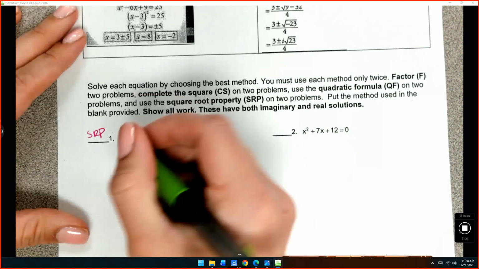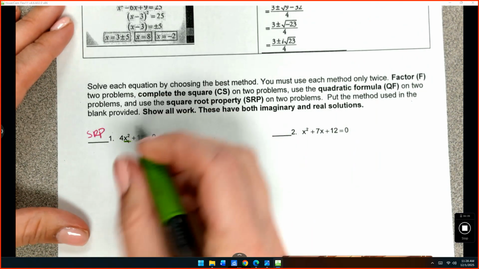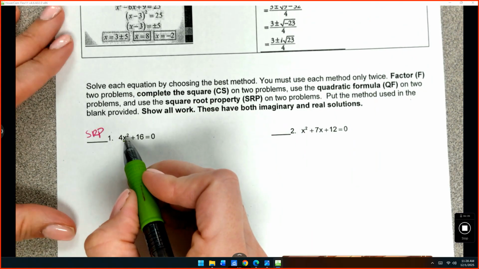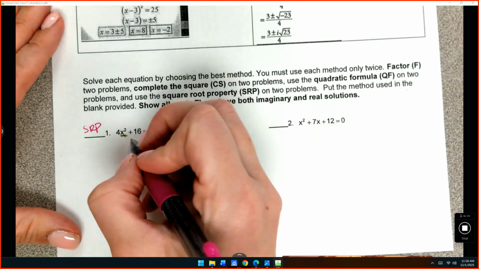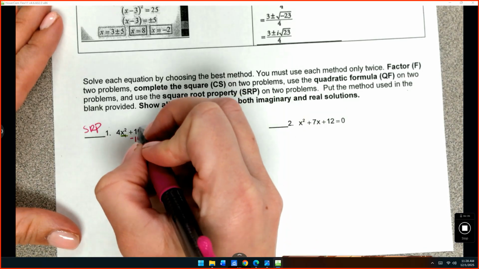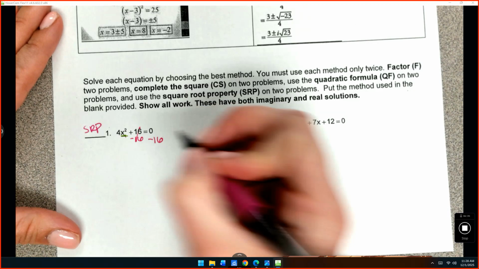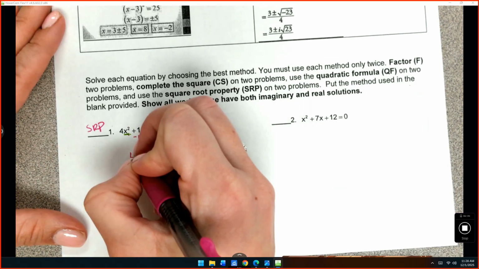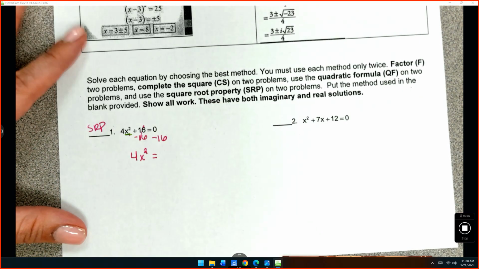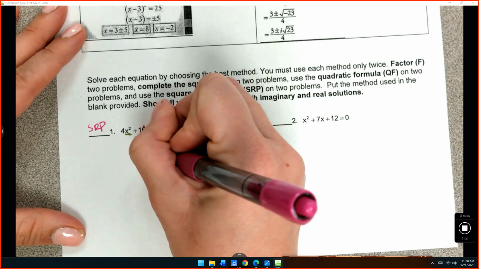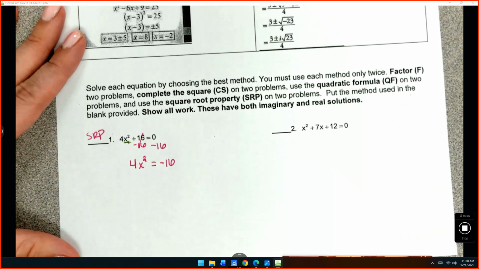The x is the only thing that's being squared, because that 4 is not included in the squared. So if I want to get the x squared by itself, first thing I would do is subtract 16. So now I have 4x squared equals 0 minus 16 is negative 16, right?